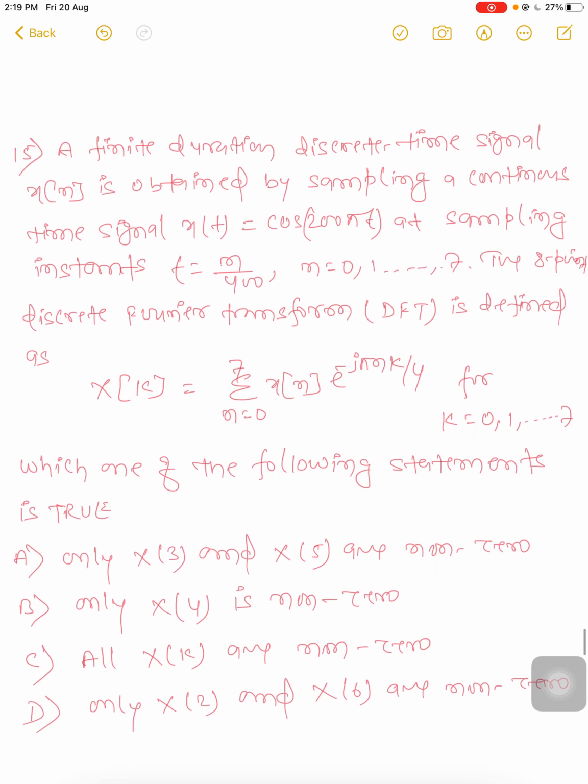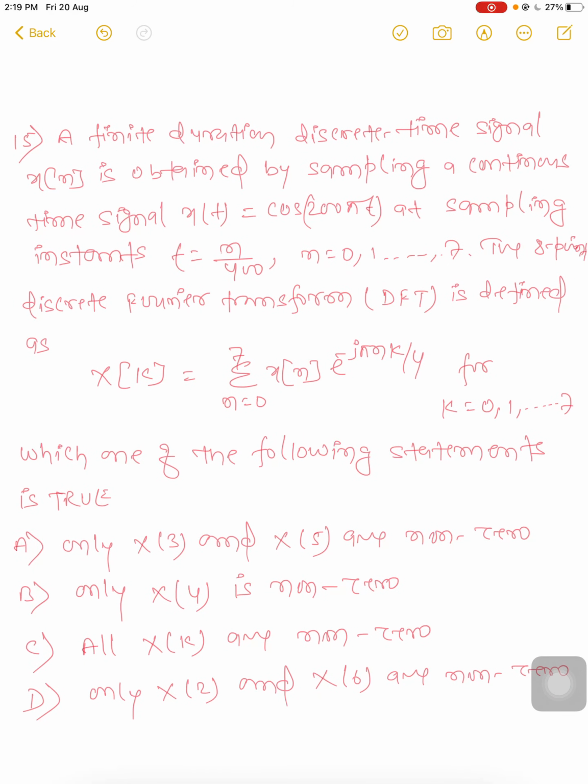Now comes the next question. A finite duration discrete time signal x[n] is obtained by sampling a continuous time signal x(t) equal to cos 200 pi t at sampling instants t equal to n by 400. The 8-point discrete Fourier transform (DFT) is defined as given. Which of the following statements is true?